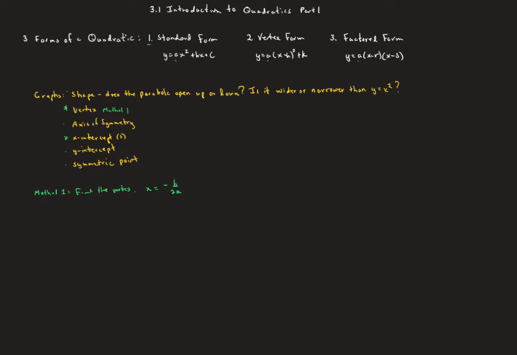That's when our parabola is given in standard form. When we have y equals ax squared plus bx plus c, the b is the coefficient of x, and the a is the coefficient of x squared. The x-coordinate of the vertex is going to be that negative b over 2a, and then you'll find the y-coordinate just by plugging that into our function.